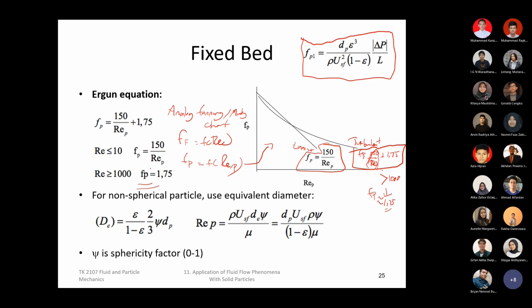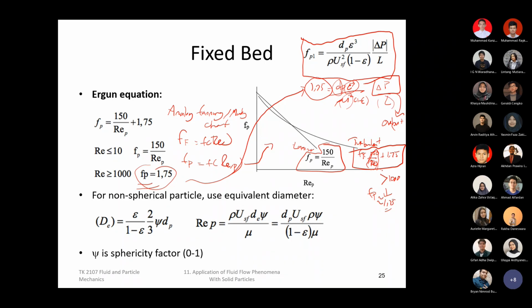Now, once you get Fp from the chart, you can convert it back into this delta P correlation. So let's say your 1.75 is dp epsilon cubed over rho u squared (1 minus epsilon) times delta P per L. Delta P can be calculated as an output, because the rest should be known: dp, epsilon, velocity, and length.